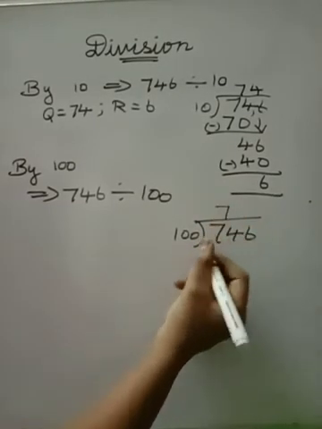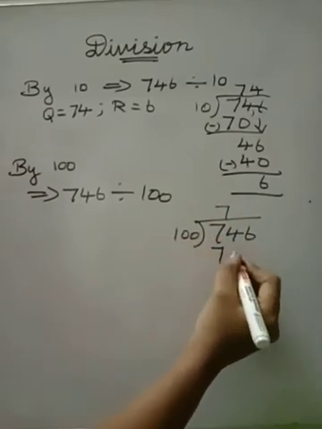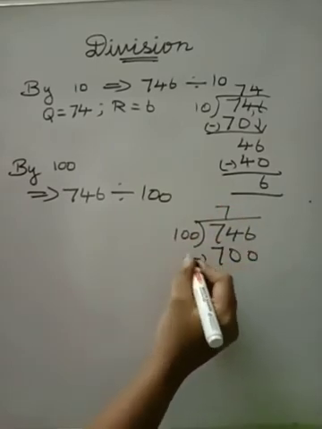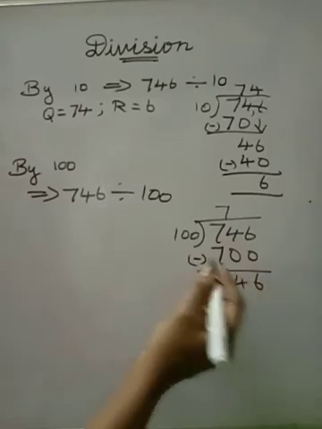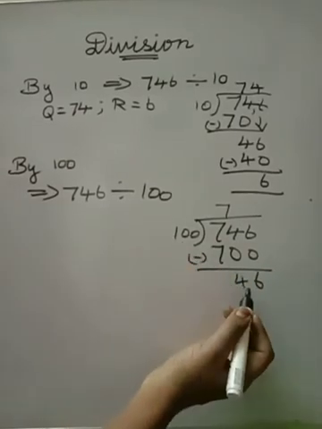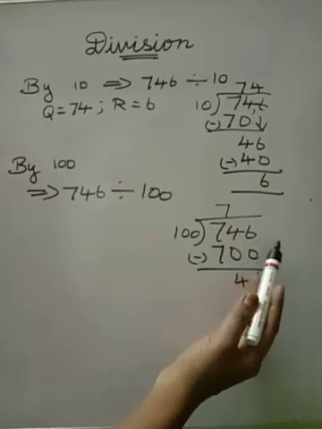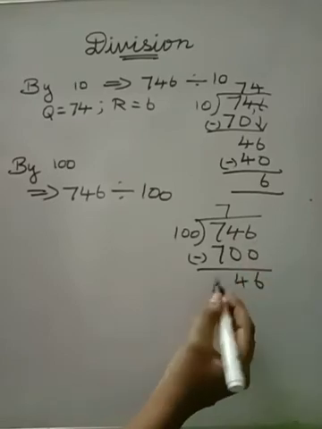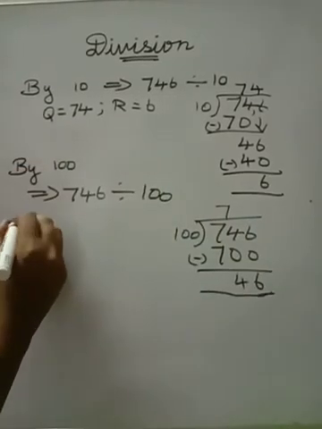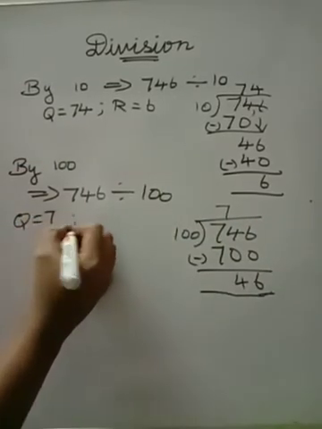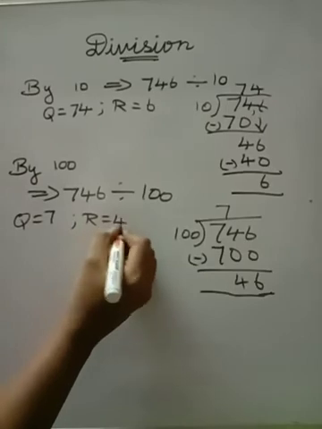So only one time it comes: 7 into 100 is 700. And the remainder is 46, which is smaller, so it cannot be divided, and we have no other number. The sum is over. The quotient is 7 and the remainder is 46.